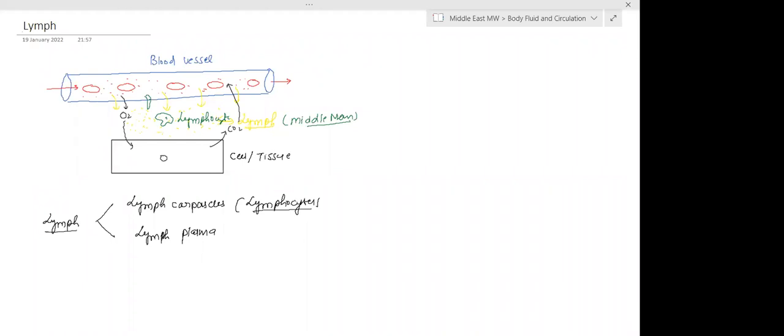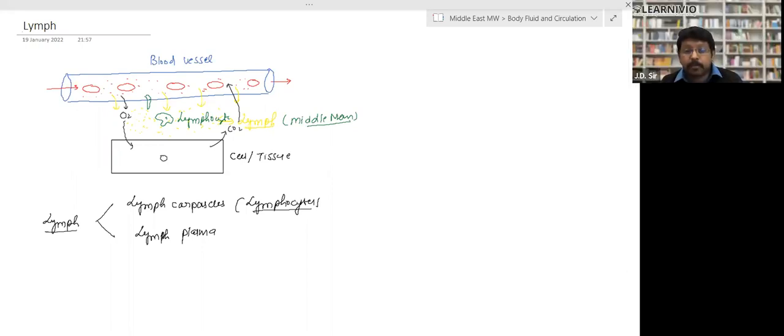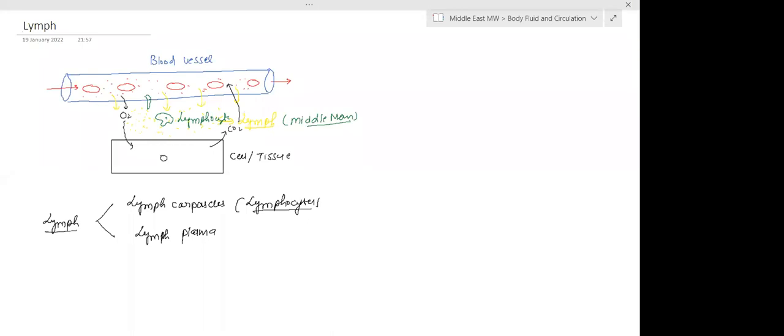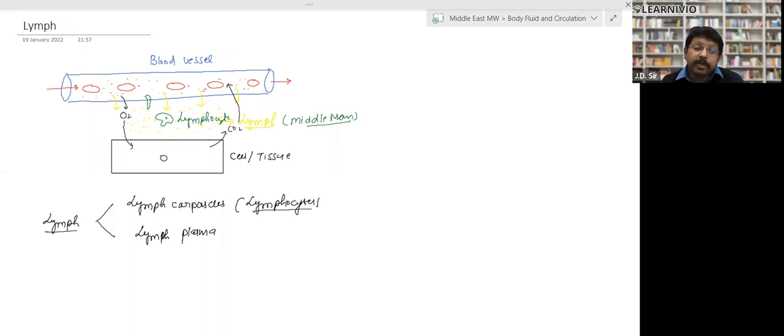So, sir, lymph acts as a medium for the movement of molecules. Yes, it is a medium. If lymph keeps on accumulating over here, our body will swell.